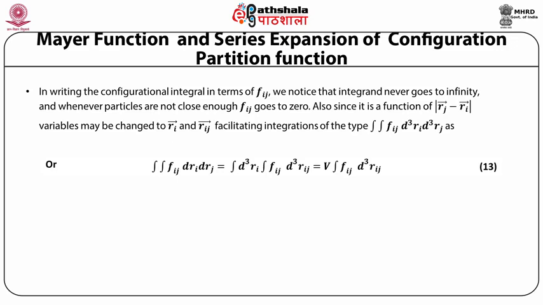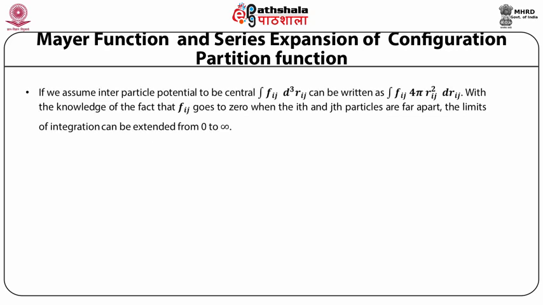facilitating integration of the type double integral over fij d³ri d³rj as integral over d³Ri times integral over fij d³rij, which is equal to V times integral over fij d³rij.